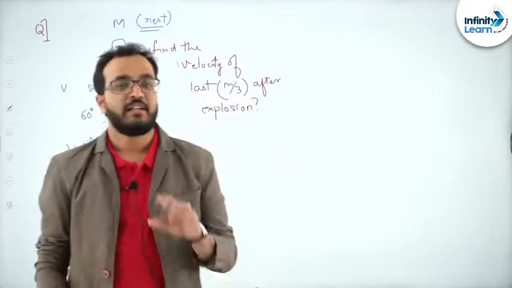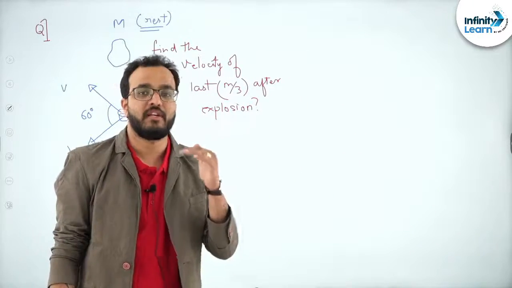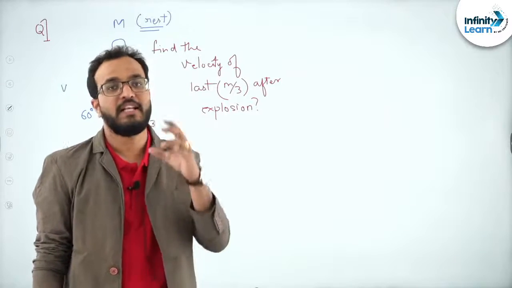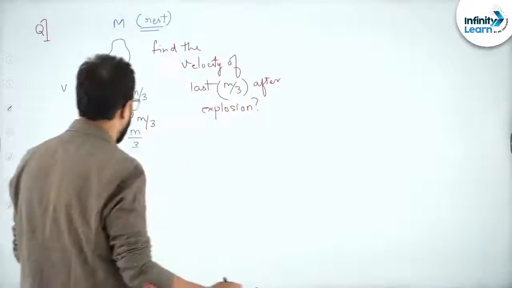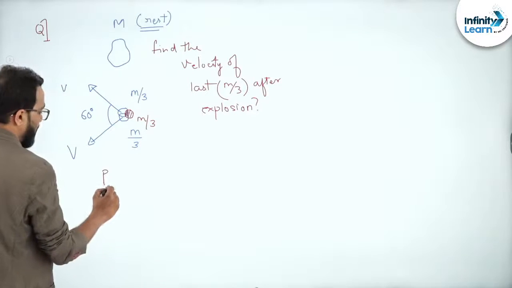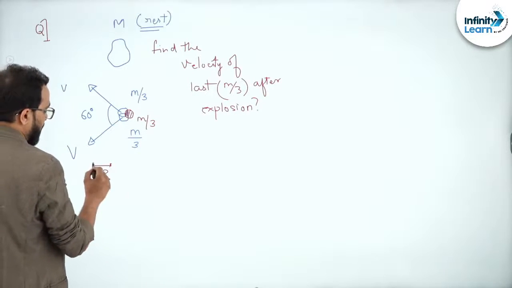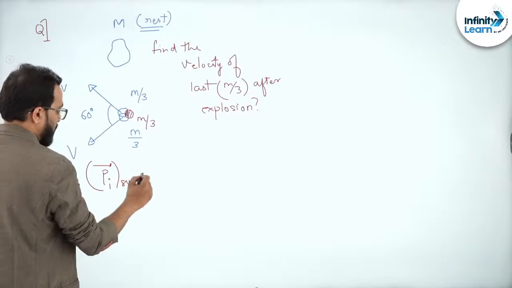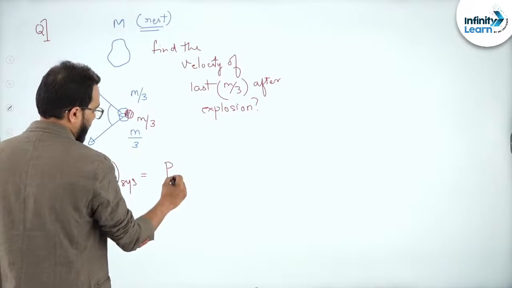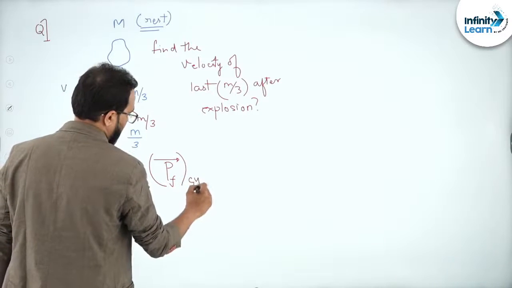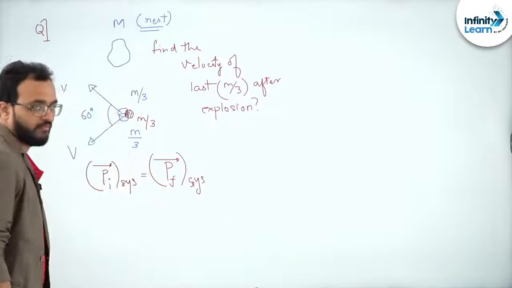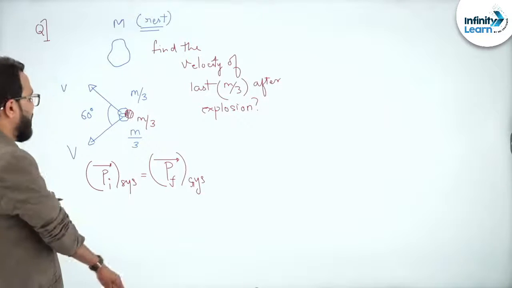Okay. Now what we will say? We will say again, since there is no external force in the system, the net momentum of the system will remain conserved, and you will say, sir, initial momentum of the system will be equal to final momentum of the system. Now what is initial momentum of the system?